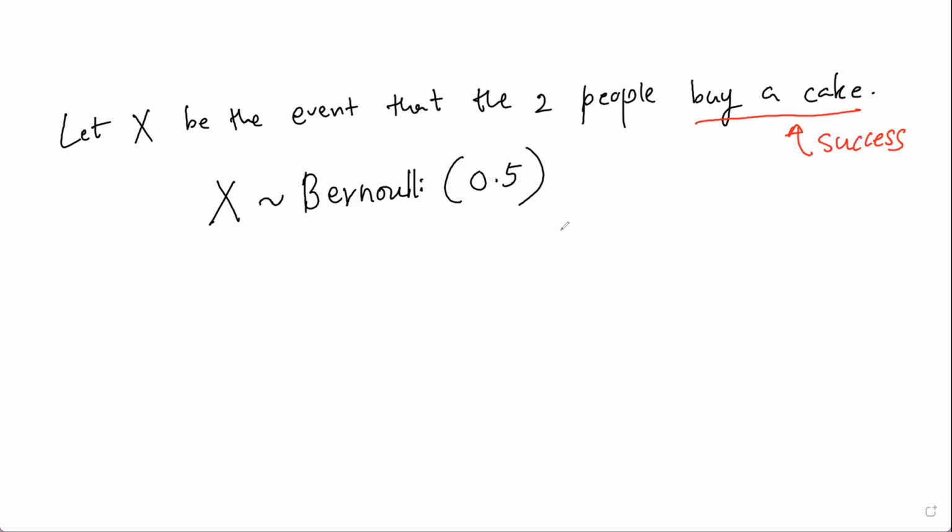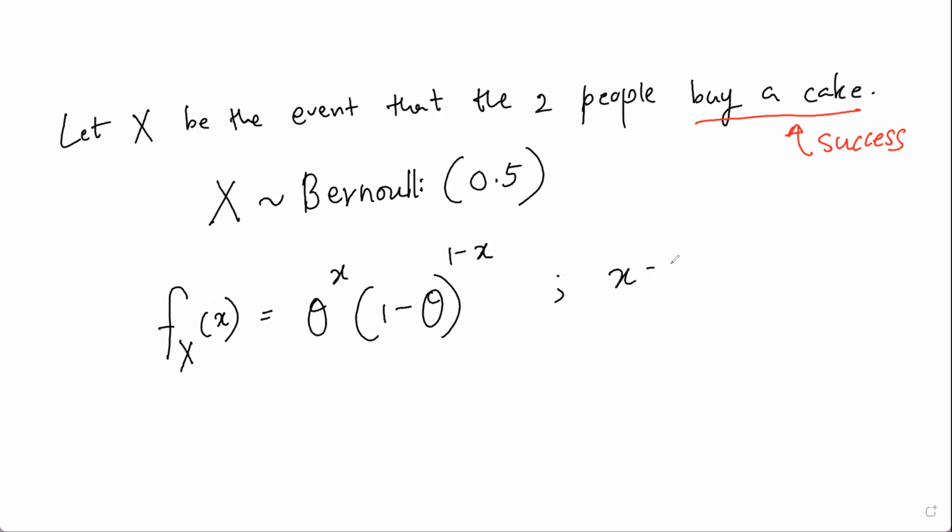Right? So if you know that X is Bernoulli distributed, what is the probability mass function of this? Theta to the power X, 1 minus theta to the power 1 minus X, where X can take only 0 and 1. අපි success කියලා හිතුවේ cake එකක් ගන්න එකනේ. එතකොට 1 කියලා කියන්නේ cake එකක් ගන්න එක.